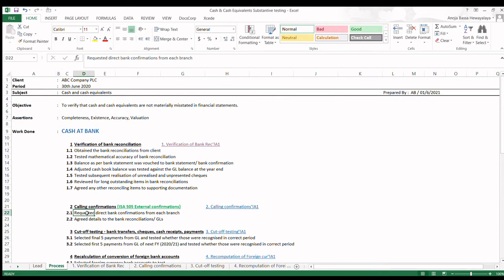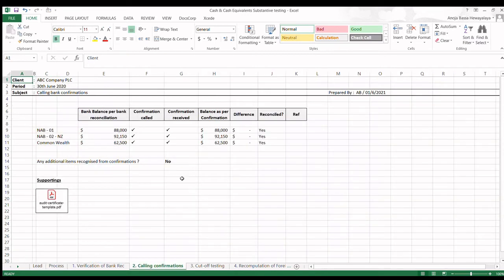You request the bank confirmation from each branch and then agree details with the GL and/or bank reconciliation, and also keep an eye out for any items which are not recorded but revealed in the bank confirmation. That is why we are mainly doing this procedure, to ensure the completeness of cash and cash equivalents.